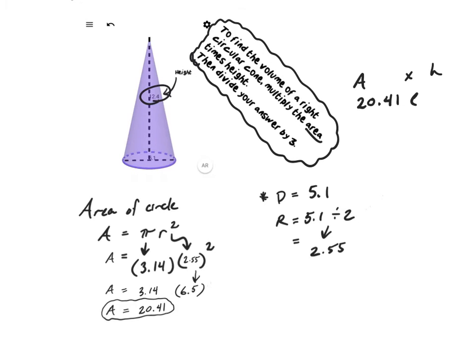So we multiply that times 12.4, and when we finish, you divide that answer by 3. That will give you your volume of a right circular cone. After multiplying both of my numbers and dividing by 3, the volume comes out to be roughly 84.4 units cubed. So a quick recap over volume formulas.